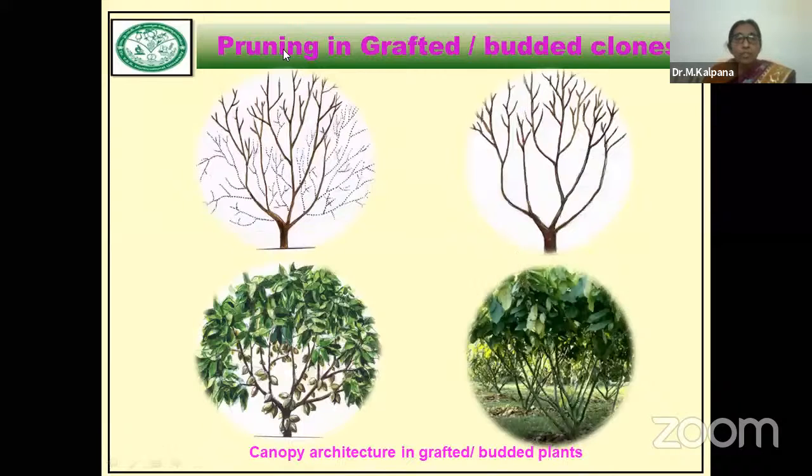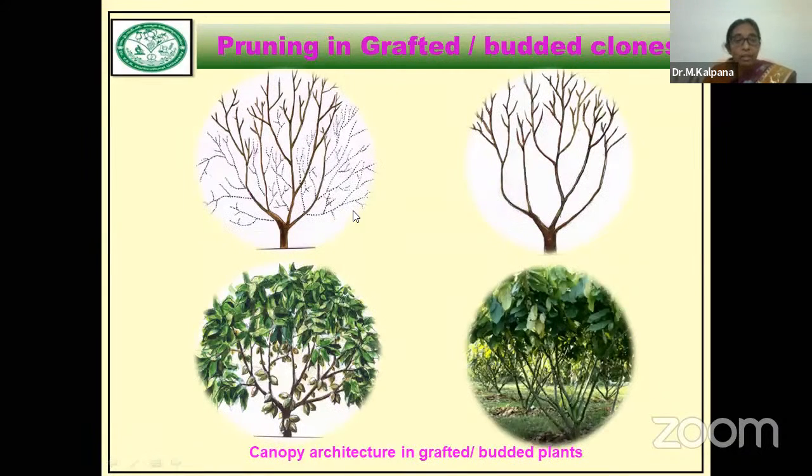This is the graft. The jorquetting in grafts is entirely different from the jorquetting in the seedling population. When the grafted or budded plants are taken from the chupon, the jorquetting in the grafted or budded plants is just like the seedling population.